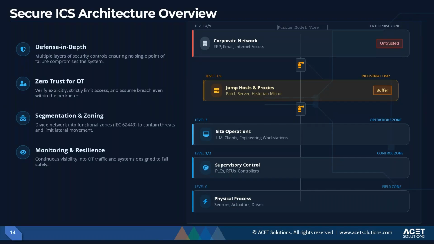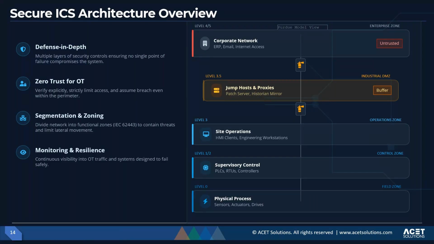A secure ICS design typically starts with the defense in depth approach, where multiple layers of security such as perimeter firewalls, intrusion detection systems, and endpoint protection are deployed to delay or detect threats. For example, a firewall at the OT perimeter layer may block unauthorized remote access attempts, while an IDS monitors the traffic for abnormal Modbus and DNP3 commands.